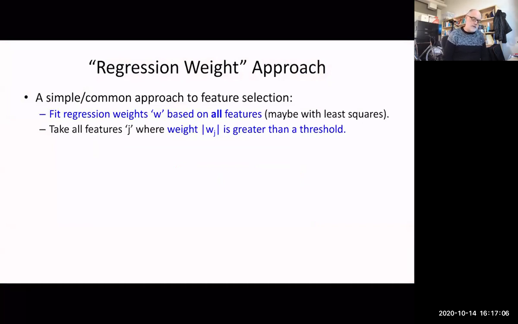So basically you fit a model. You get regression weights based on all features, all the possible imagined features for Z and or X. Maybe you use least squares, maybe you use something else. And you just decide that you're going to take all the features where the absolute value of the weight is greater than some threshold. And you should do this in a post hoc way, which is a weird thing to do, but that's what you do.